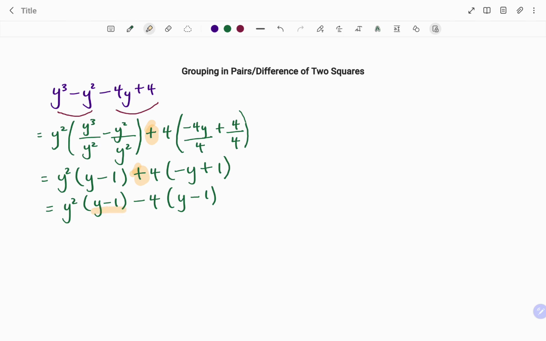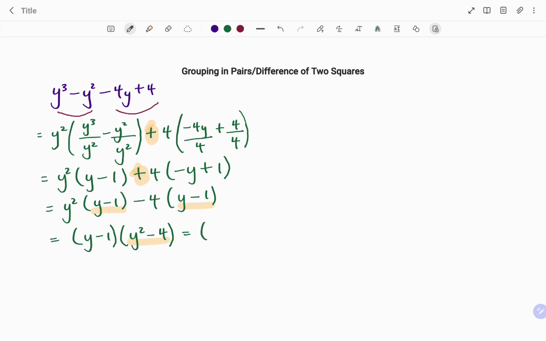Now I have the same content in the bracket. That's a common factor to both sides. So taking out the common factor, I have y minus 1 in bracket. Then I'm left with, on my left-hand side, y squared minus 4. Note that y squared minus 4, that's difference of 2 squared because 4 is a perfect square.